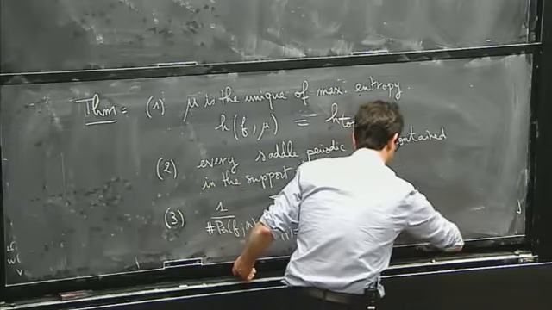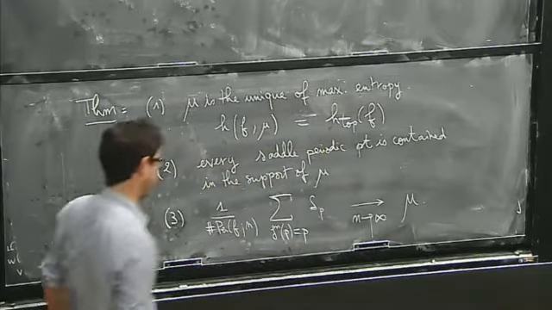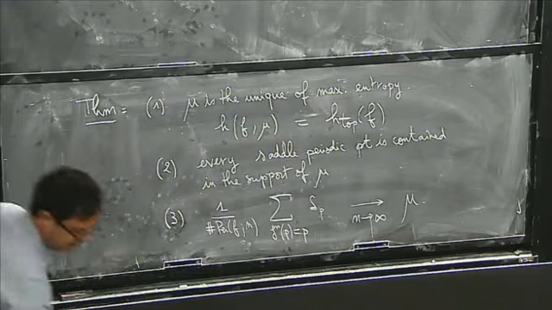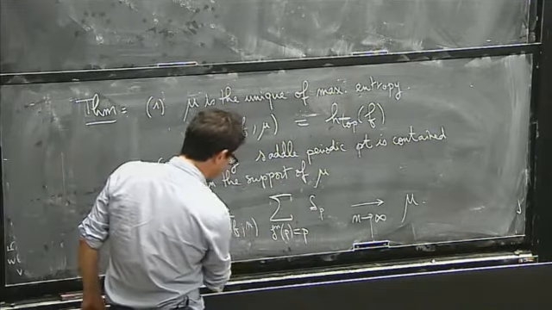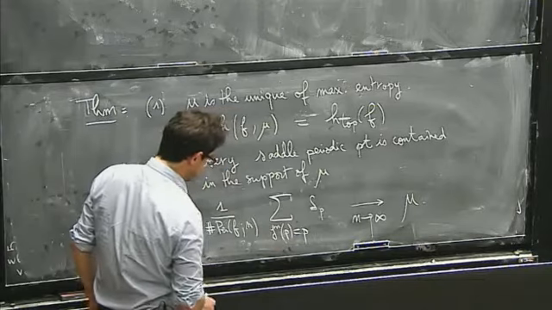This converges toward mu, and most of the points are saddle points.